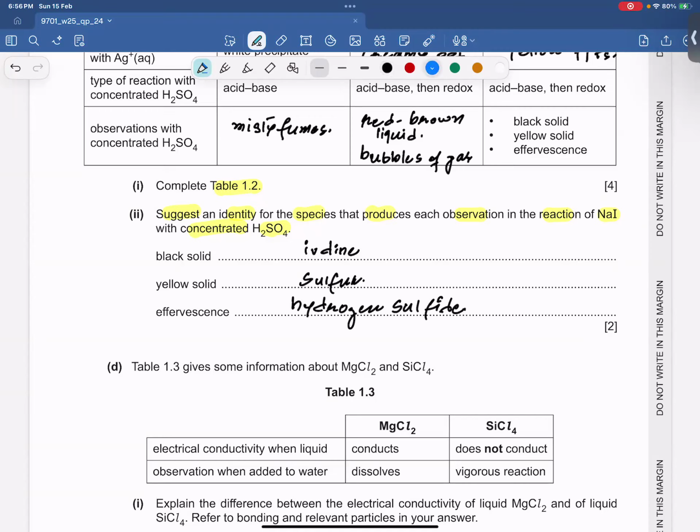Let me remind you some equations here. When hydrogen iodide is treated with concentrated sulfuric acid, it will turn to iodine that will give you black solid. H2S gives you effervescence with rotten egg smell, and then water. Okay. One more thing.